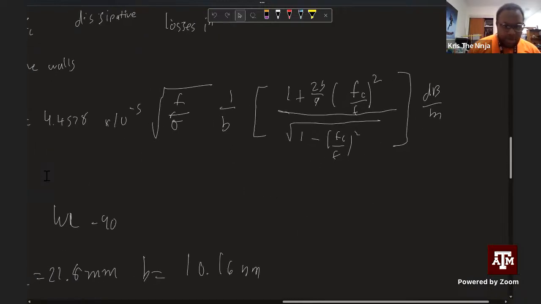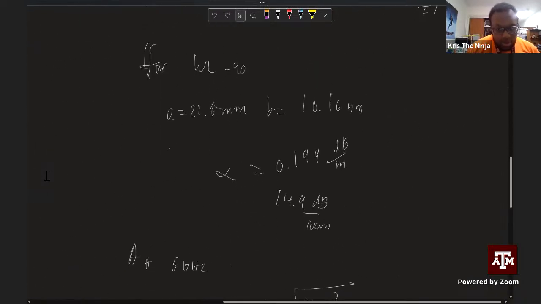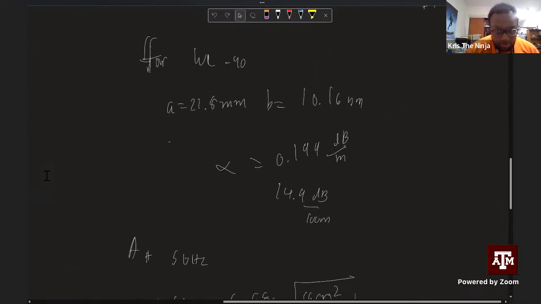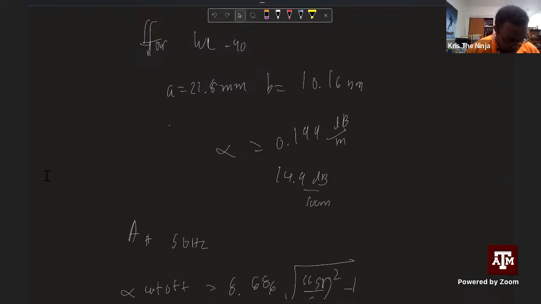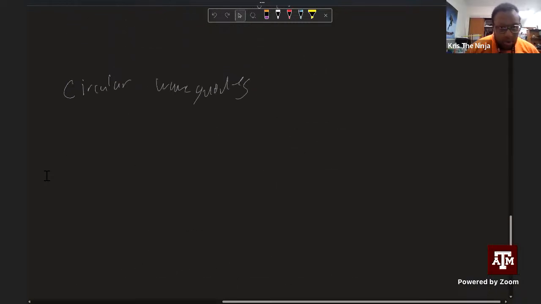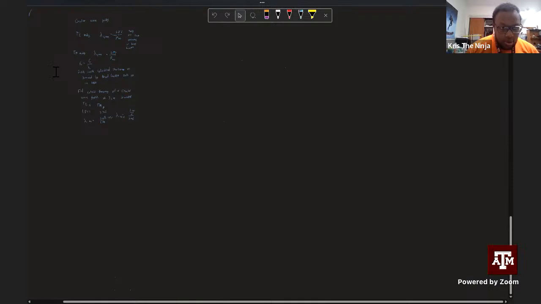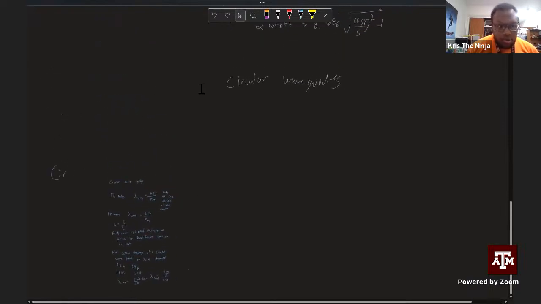For this particular waveguide that we've been working with, that attenuation is 0.199 decibels per meter at 5 gigahertz. I didn't draw circular waveguides on here, I don't think.